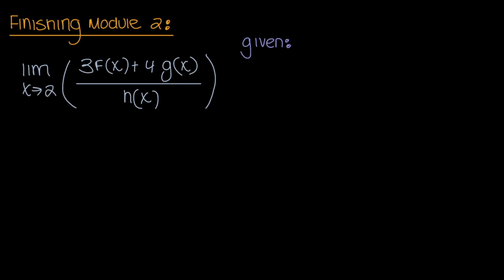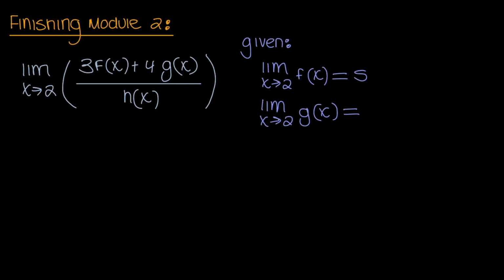We were given that the limit as x goes to 2 of f(x) equals 5. The limit as x goes to 2 of g(x) is -1. The limit as x goes to 2 of h(x) equals 2.